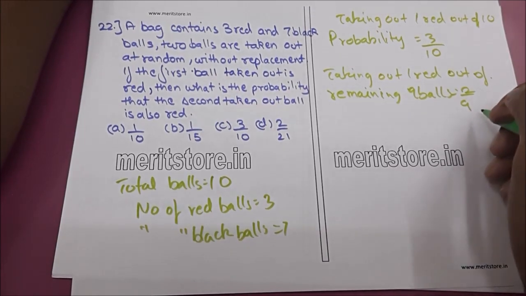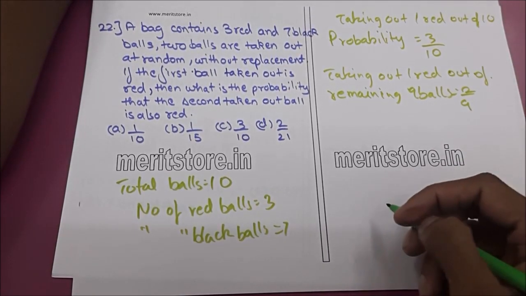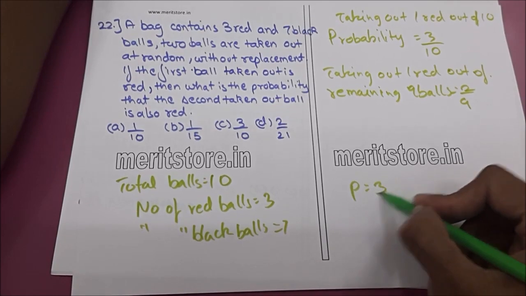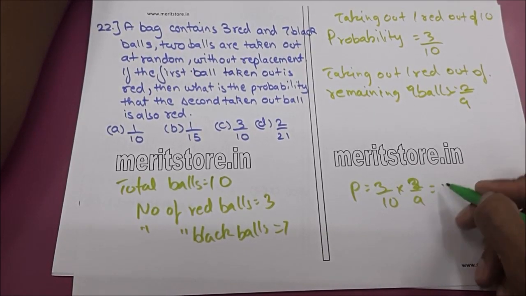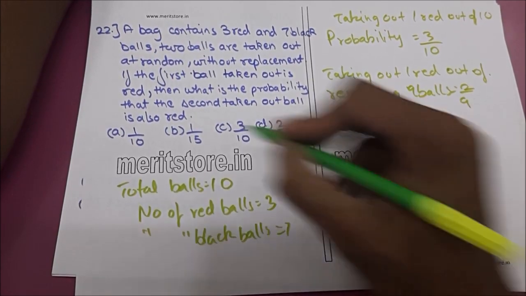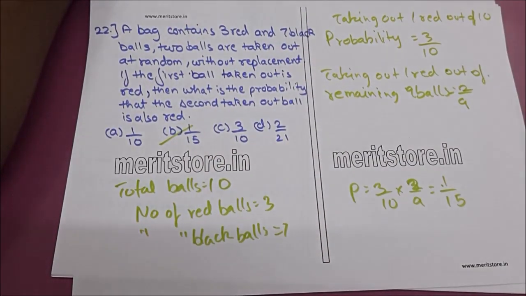So the probability of both balls to be red is P equal to 3 upon 10 into 2 upon 9, which is equal to, we solve this, we get 1 by 15, which is our option B. Option B is the correct answer.